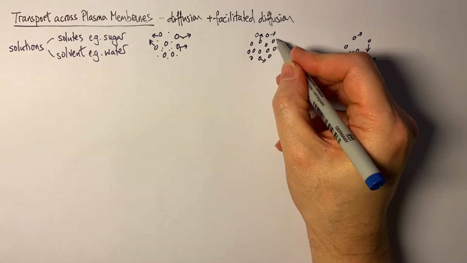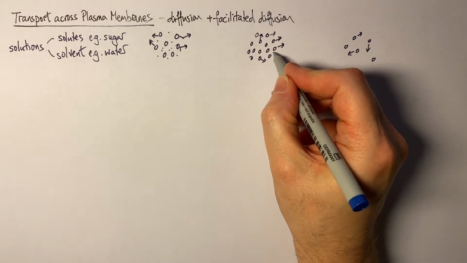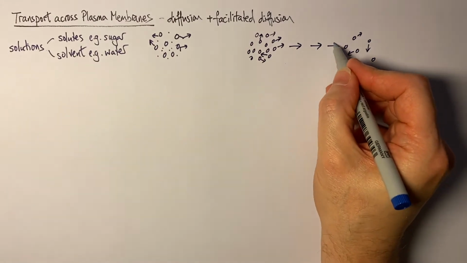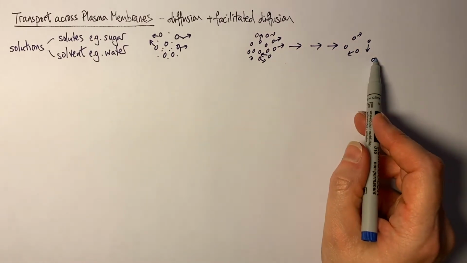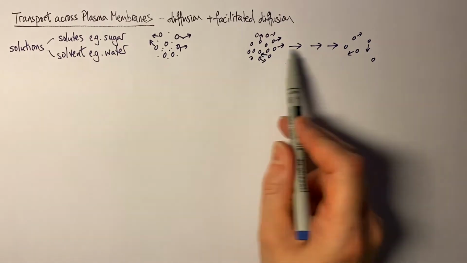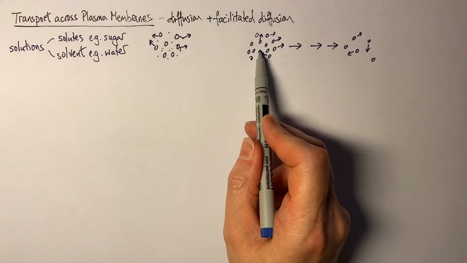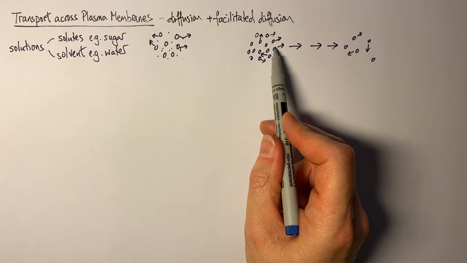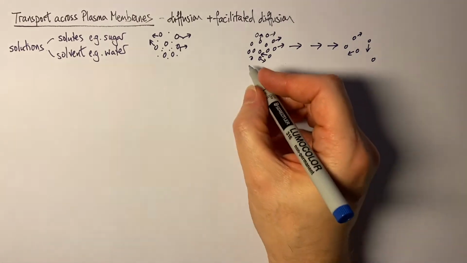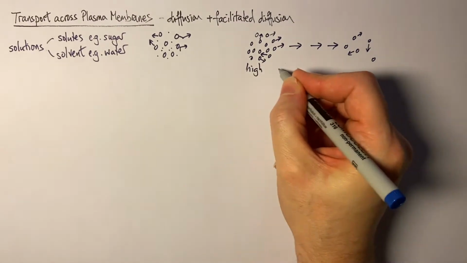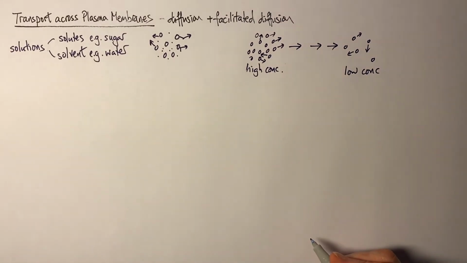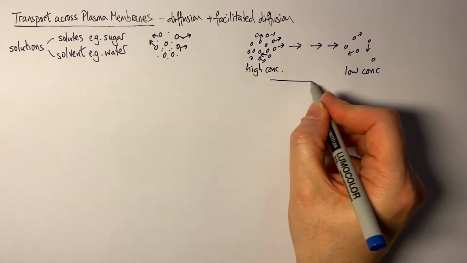But because there's more of these here, then over time, the chances of those molecules moving from there to there is greater than the chances of the molecules here moving from there to there. Some of these molecules will move that way, but because there's more here, then they will move out and start to move to an area where there's less of them. So we have here a high concentration, and here we've got a low concentration. And we call this diffusion.